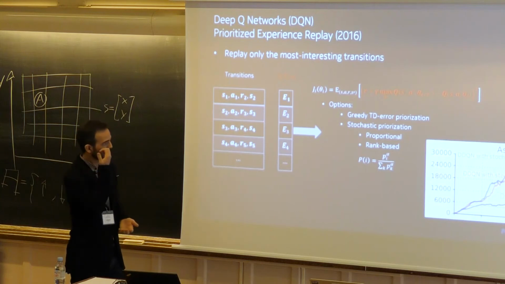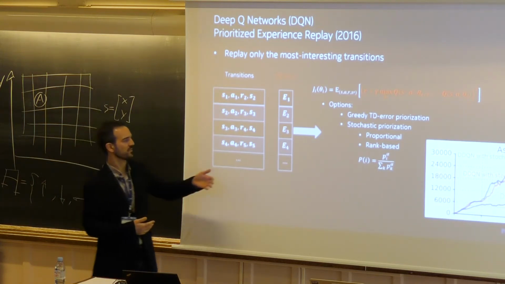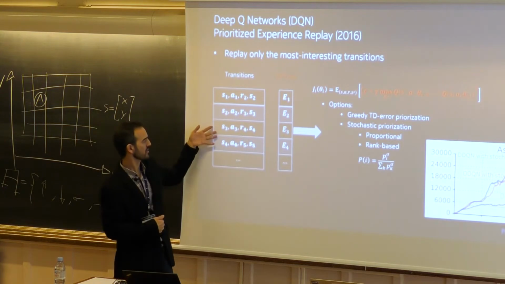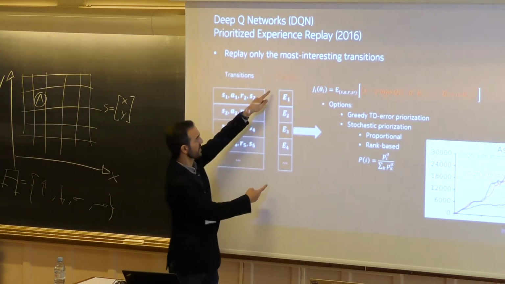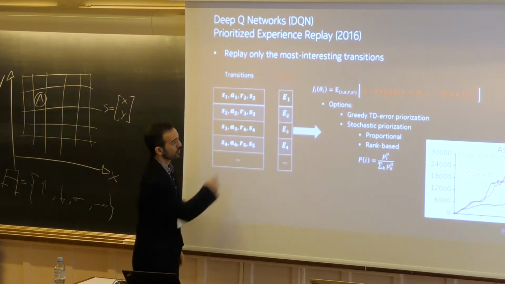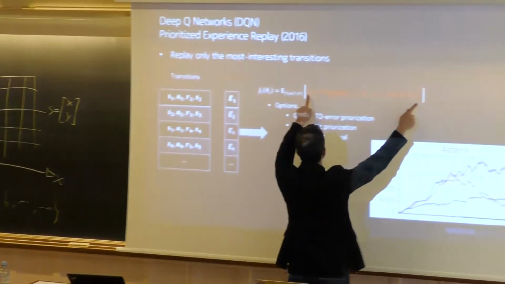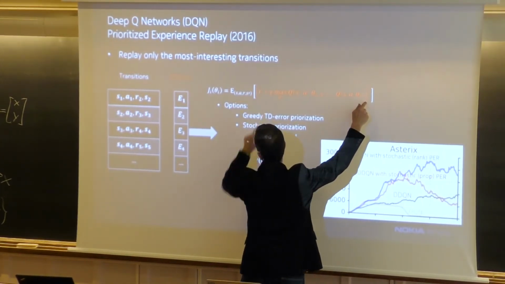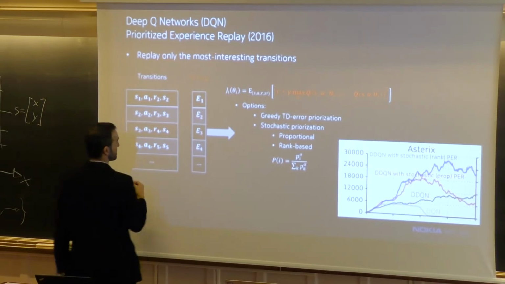What does interesting mean? Interesting means that the predictions were unexpected. That's why, together with the transitions, we're also storing this vector, which is called the TD error, the time difference error, which we know because we are calculating that difference on every time step.